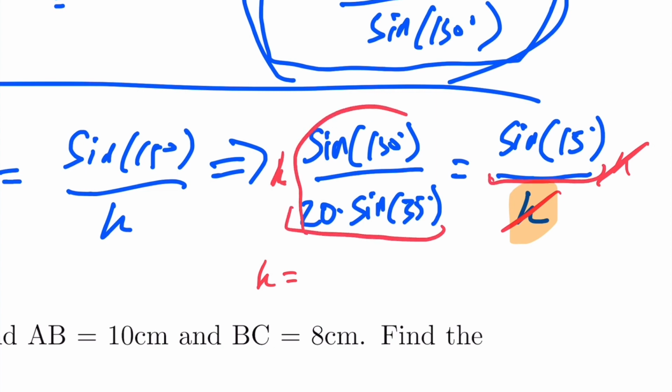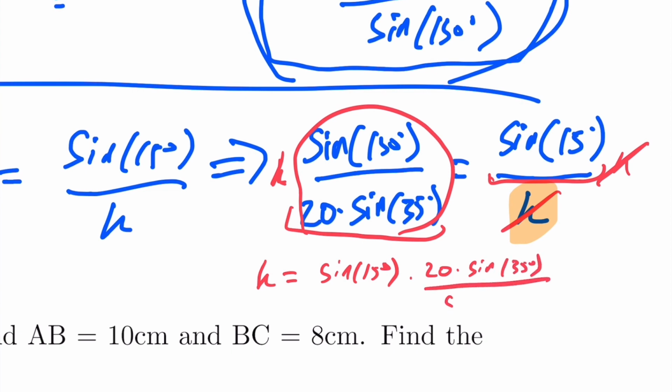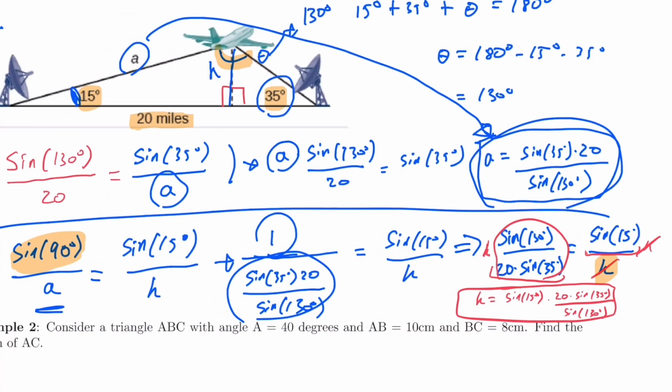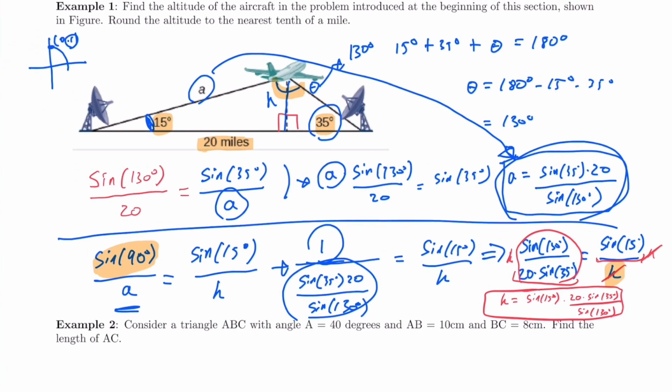But then I can multiply reciprocal of this to isolate h. h will be then sine 15 degree multiplied by 20 times sine 35 degree over sine 130 degree. So this is the final answer. Okay. So we just applied law of sine to find this length h right here.